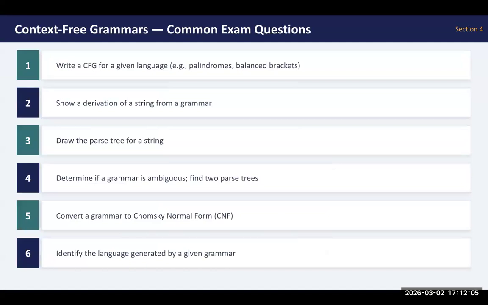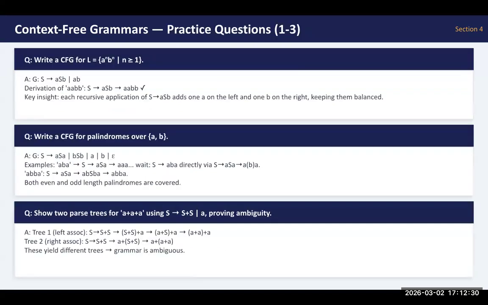Some common exam questions that you can get is write a CFG for a given language. Something like palindromes or balanced brackets, that's very common in CFGs. Show a derivation of a string from a grammar, draw the parse tree for a string, determine if a grammar is ambiguous and find two parse trees, convert a grammar to Chomsky normal form, identify the language generated by a given grammar.